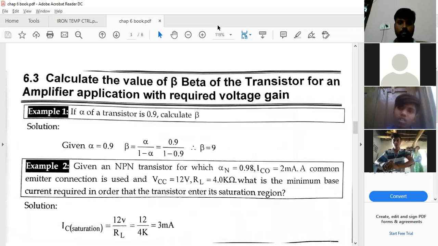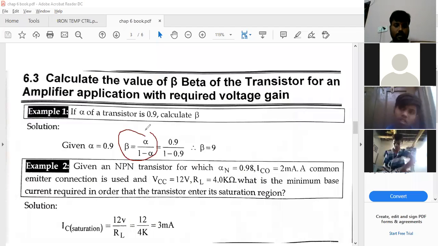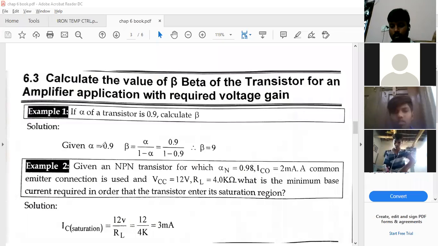If the alpha value of the transistor is given, and it is 0.9. As we know, the relation between beta and alpha, which we have discussed in the previous classes. Do you remember the relation between alpha, beta, gamma? We have derived all this.